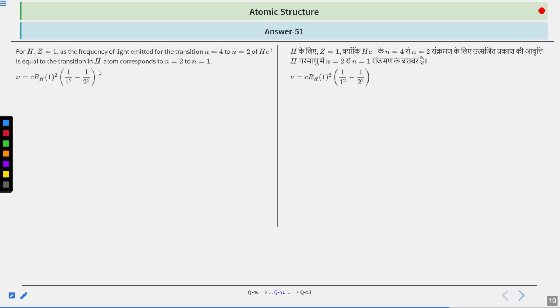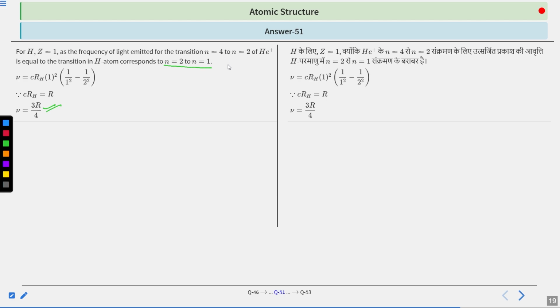You will just use those same values, and that will give you 3R by 4. So the correct option is, if you do a transition from n=2 to n=1, then you will get the same frequency for the hydrogen atom as we got for the helium atom, where the transition was from n=4 to n=2.